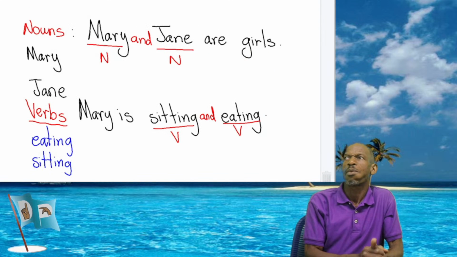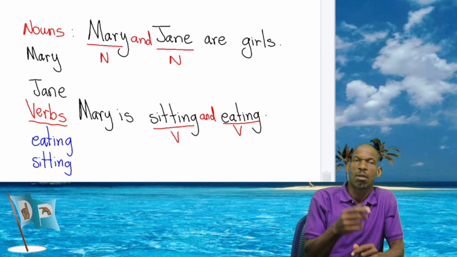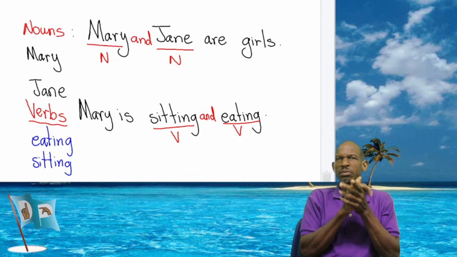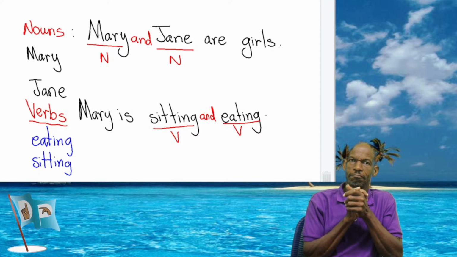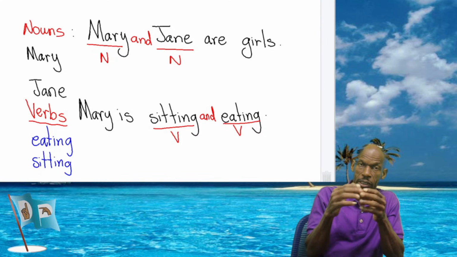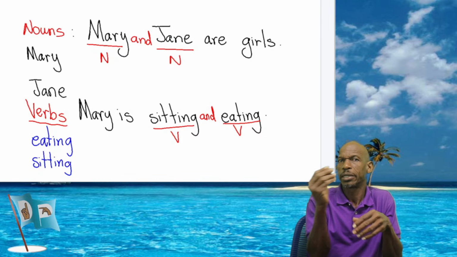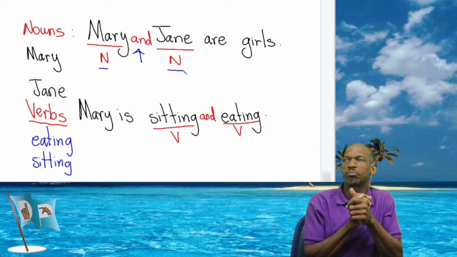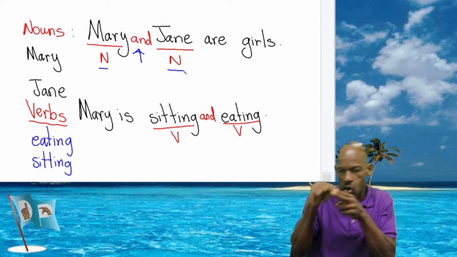Look at it. We are joining, we write in our sentence, we're looking at nouns. Two nouns together in a sentence, you must put and. Right? I use and. Two nouns. Remember, they are the same kind of words.